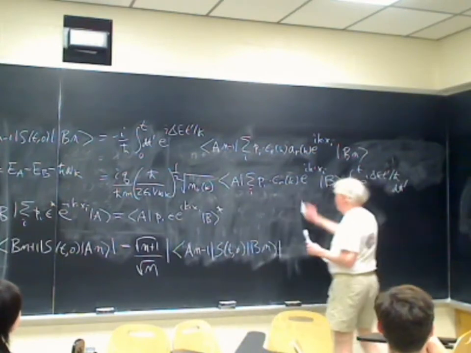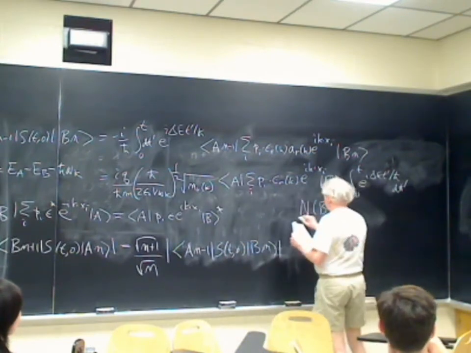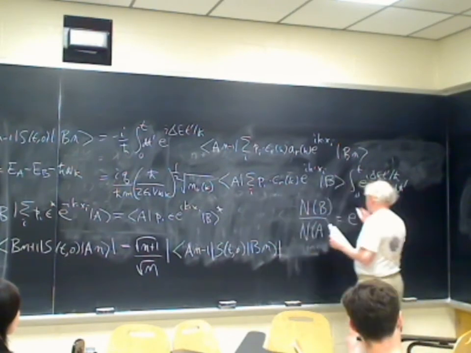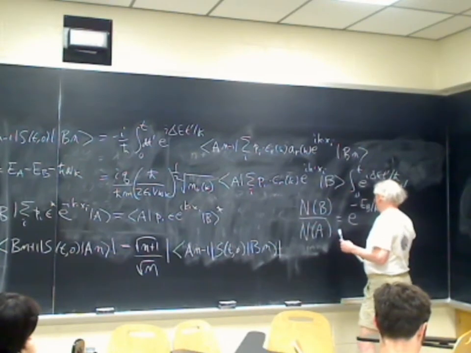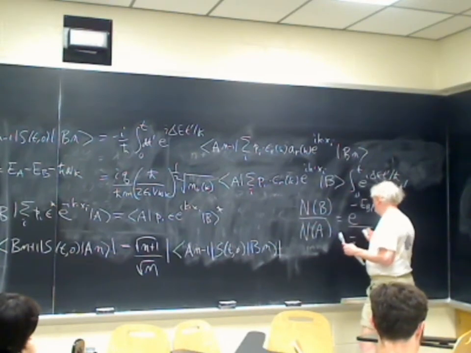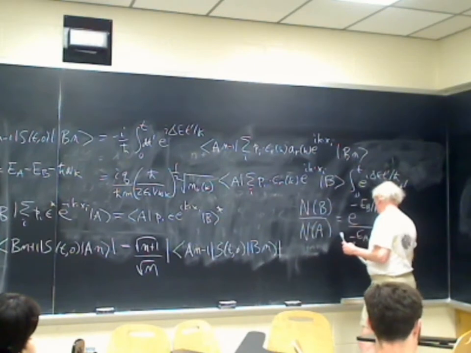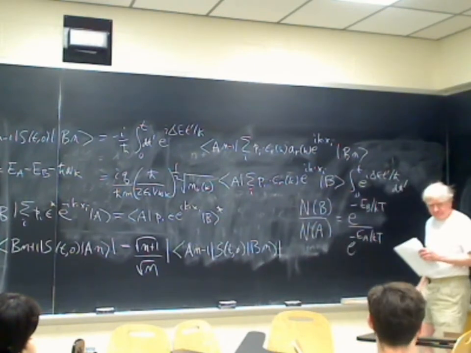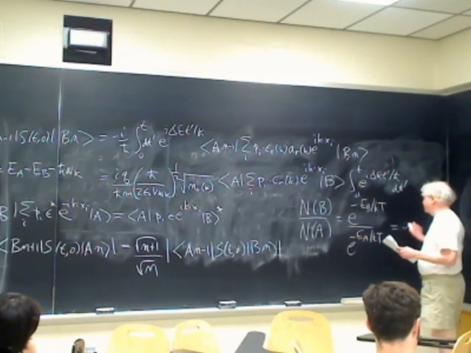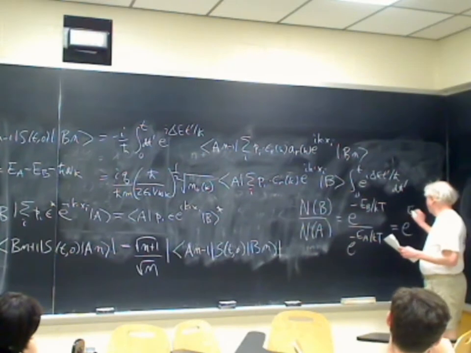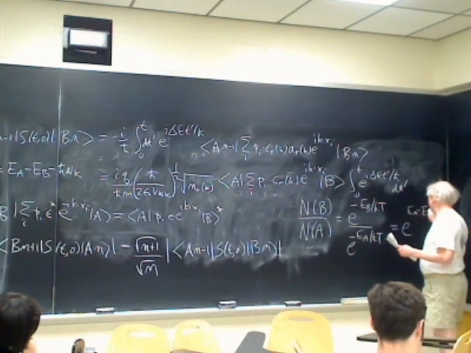So what is N_B, the number of atoms in state B, over the number of atoms in state A? Well, we expect this to be the Boltzmann distribution, e to the minus E_B over kT divided by e to the minus E_A over kT. And this is then e to the (E_A minus E_B) over kT.